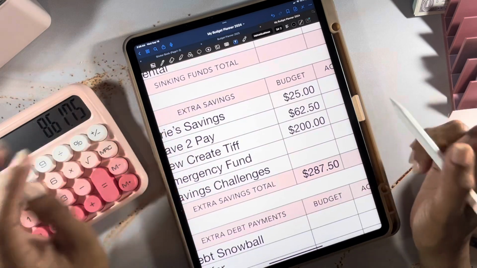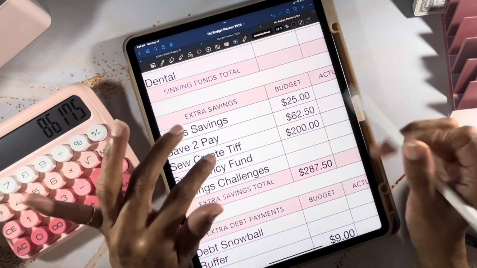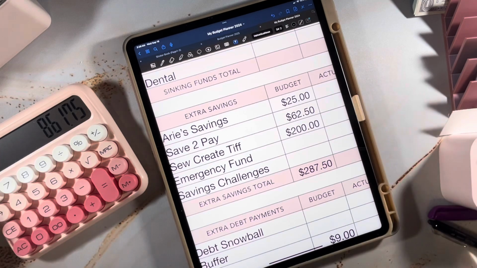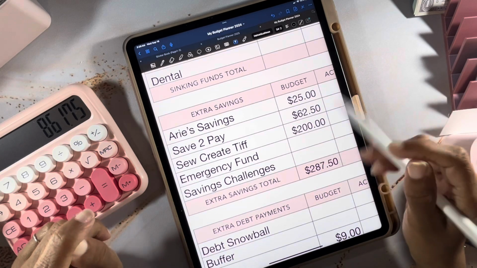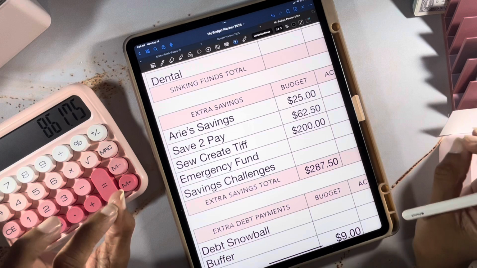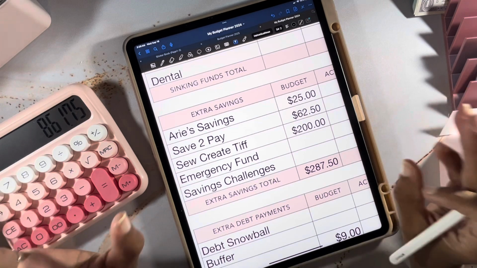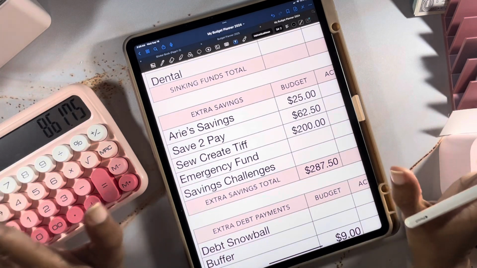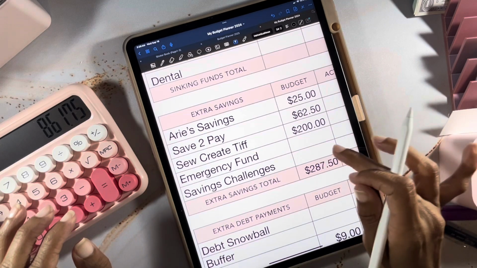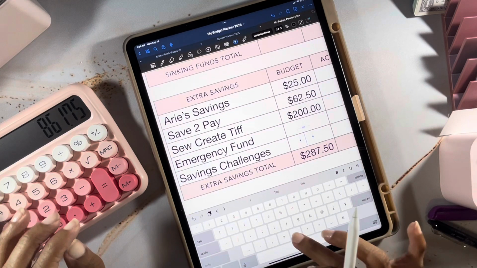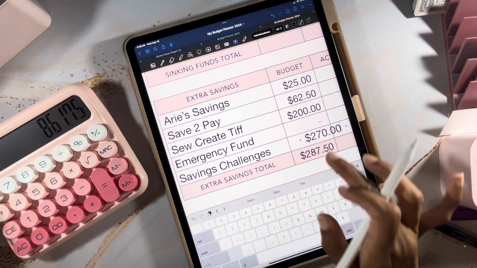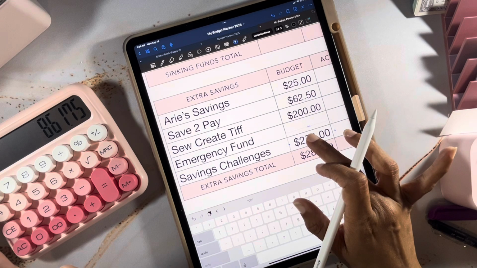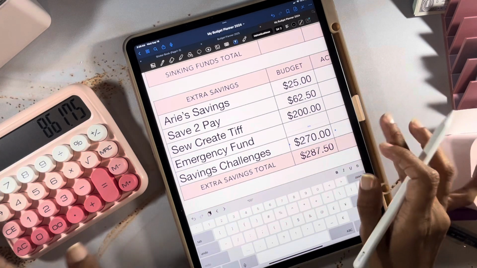Okay, so now let's go to extra savings. This is all going to be the same, but what I'm going to do here is add the $270 that I normally put into savings challenges. So I'm going to go ahead and put $270 here because that's the minimum amount that I like to spend with my savings challenges.